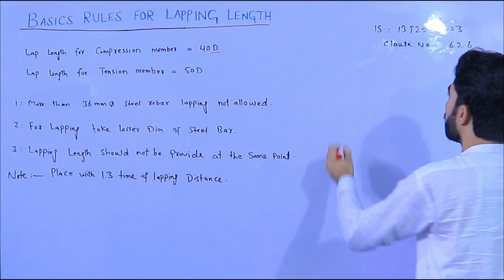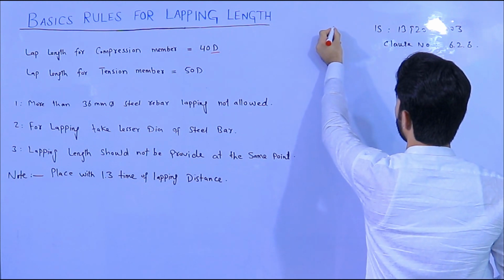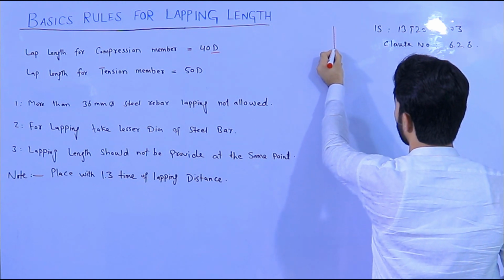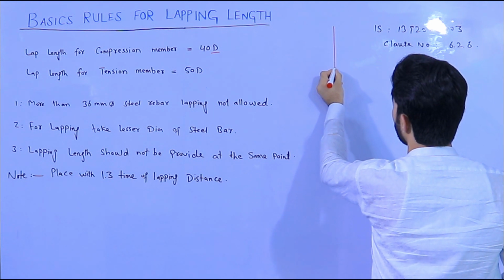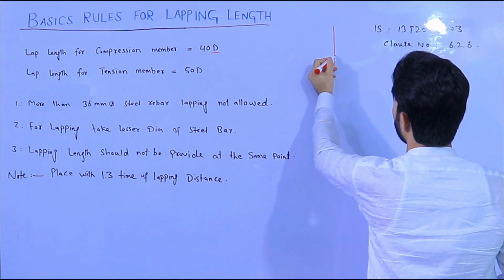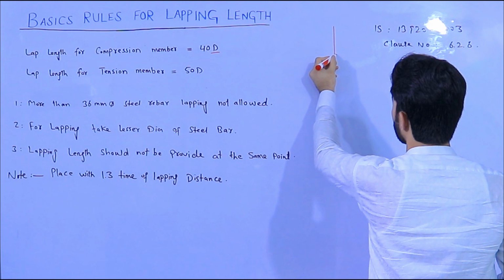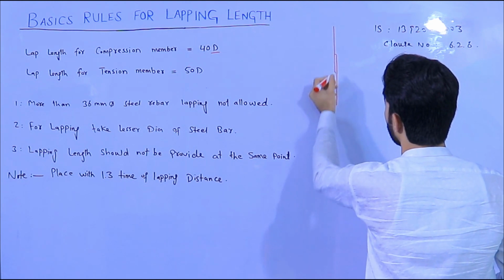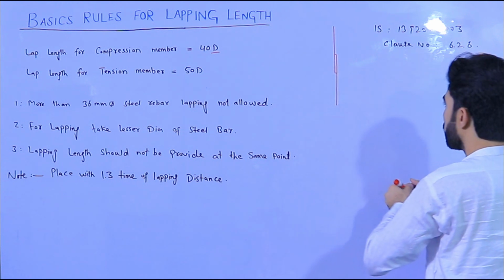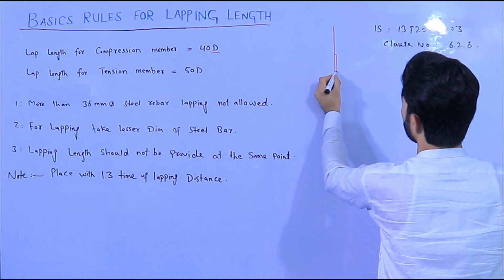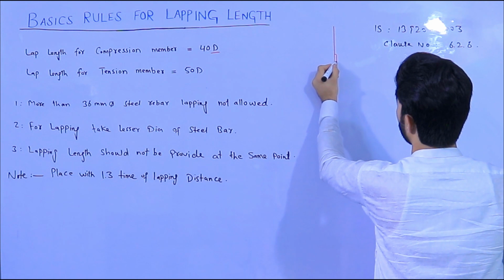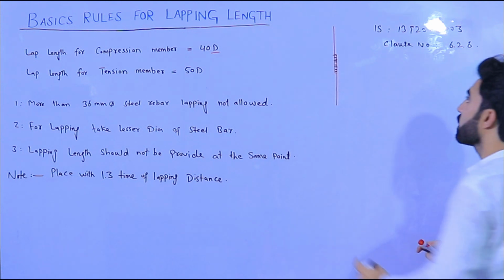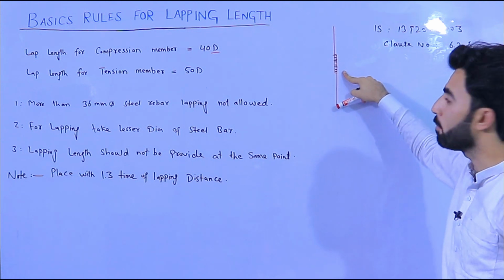As you can see guys, this is a compression member, and this is the longitudinal bar. For example, I need to provide lapping length here. I'm just discussing the lapping length formula. This is called lapping, compression lapping.